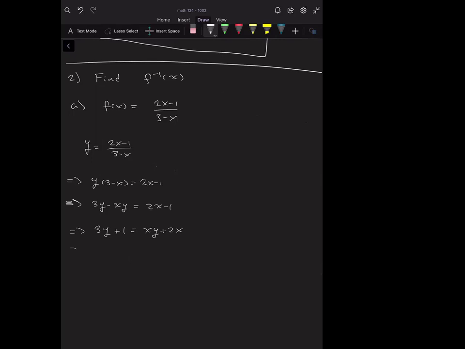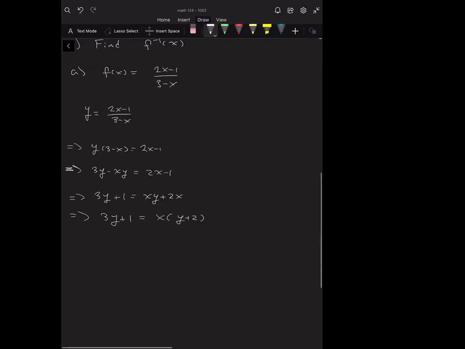And then on the right-hand side, we could factor out the x. We have 3y plus 1 is equal to x times (y plus 2). And the last thing to do to solve for x is divide the y plus 2 over to the left. So (3y plus 1) over (y plus 2) is equal to x.